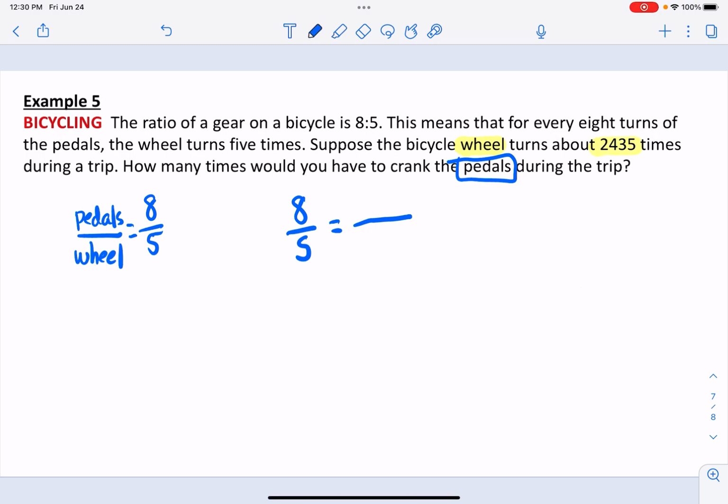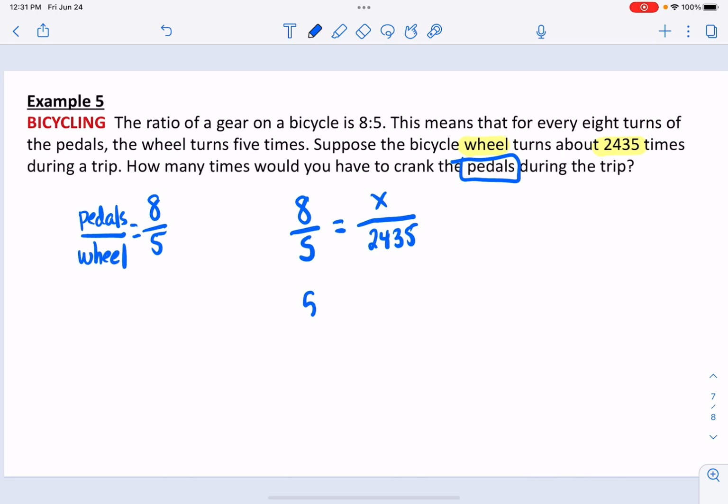So we have pedal over wheel: my wheel is 2,435 over the number of pedal turns. Again, we cross multiply: 5 times x equals 8 times 2,435. Then I divide by 5. So it looks like I cranked the pedals 3,896 times.